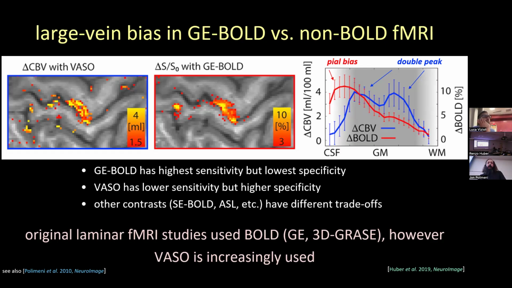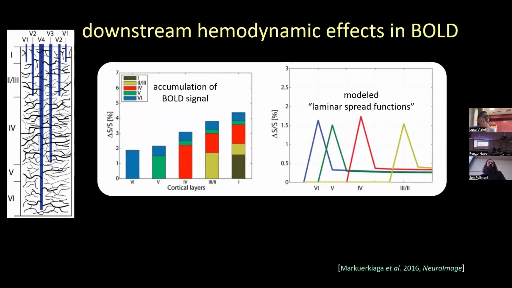A few more comments about these downstream hemodynamic effects in BOLD. So even if there is arteriolar control at the laminar level, for BOLD fMRI, we still have to contend with these downstream effects. And this was nicely illustrated by a paper from David Norris's group. The idea here is that, as I mentioned, the deoxygenated blood is drained from the tissue up towards the surface.